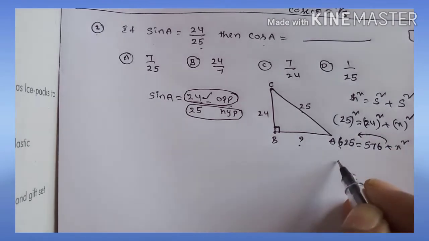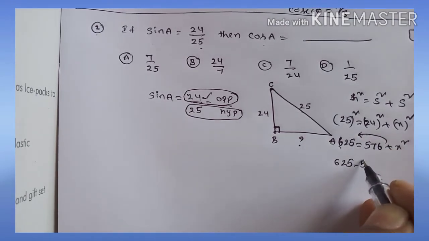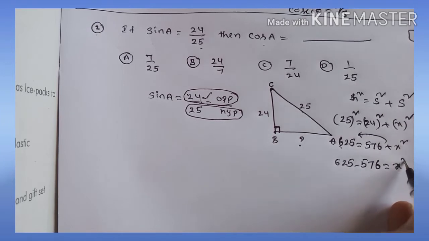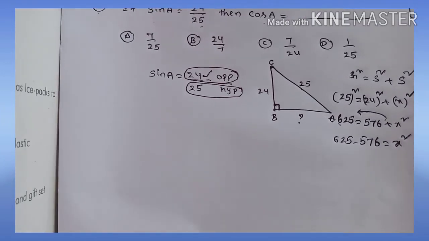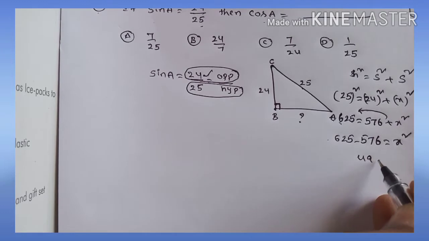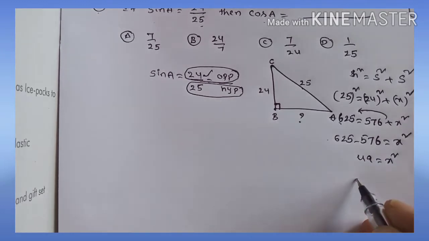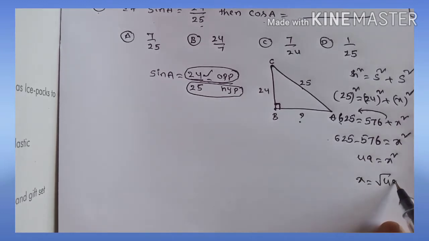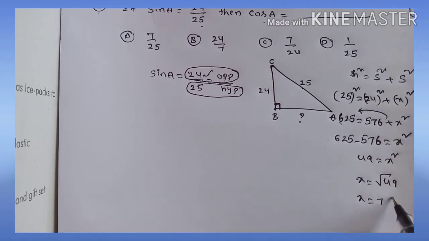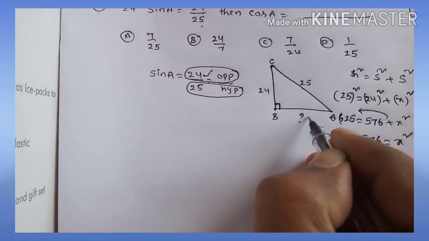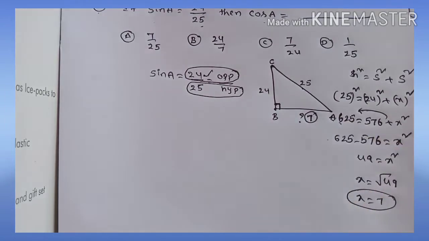Transposing to the opposite side, 625 minus 576 is equal to x square. The subtraction of these two values is 49. So the value of x is root 49, which is 7. So our required side is 7.